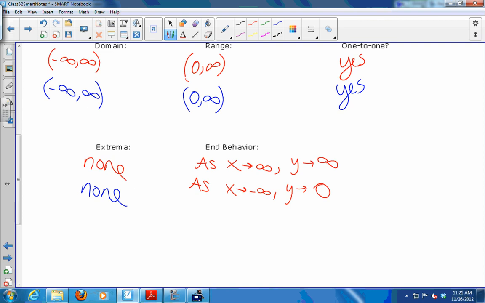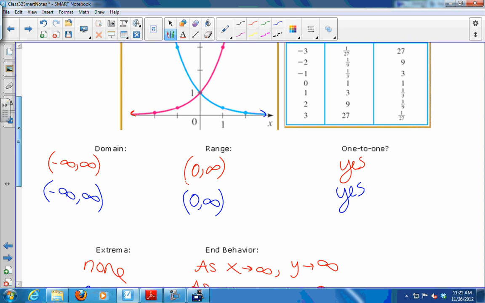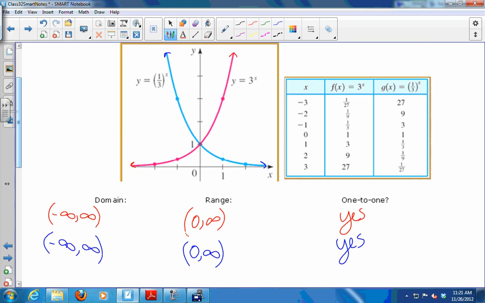Then I'm going to do the same thing for the blue graph. As x approaches infinity, what happens to the y values on my blue graph? My x's are going to the right towards positive infinity.